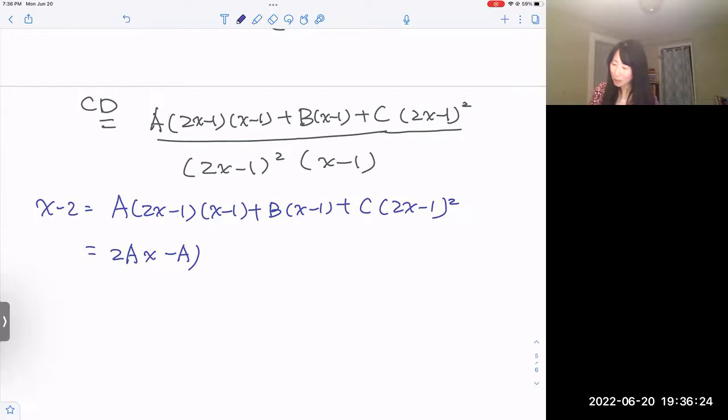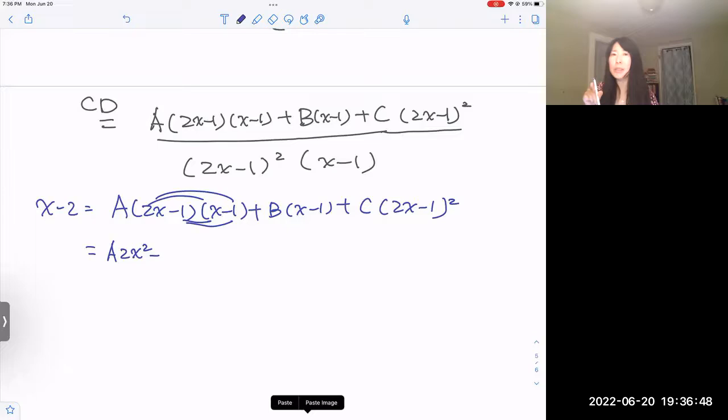Let us multiply this one first, everything, then multiply A. So we have 2x squared, a 2x squared, minus 2x minus x plus 1. So minus 2x and then negative x, which is negative 3x. And the last term is positive 1, so plus a, good.